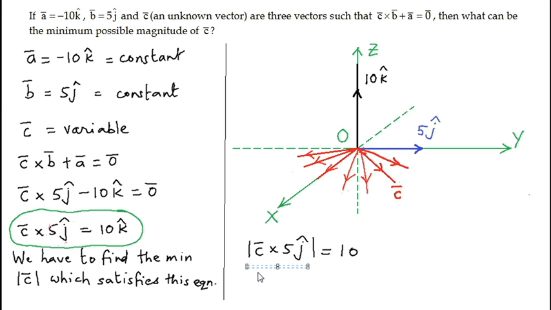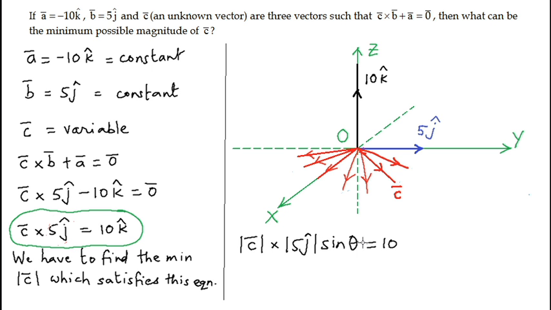But the magnitude of c bar cross 5j cap is equal to mod c bar times mod 5j cap times sine of the angle between c bar and 5j cap, which I'll call theta, and this must be equal to 10.